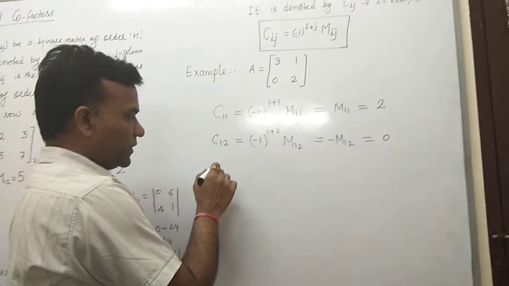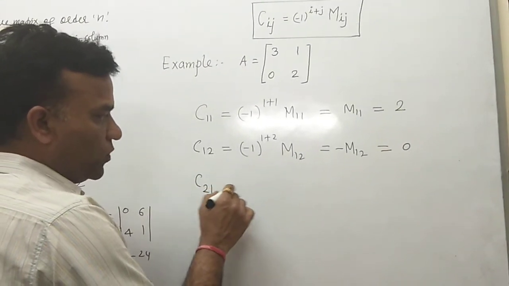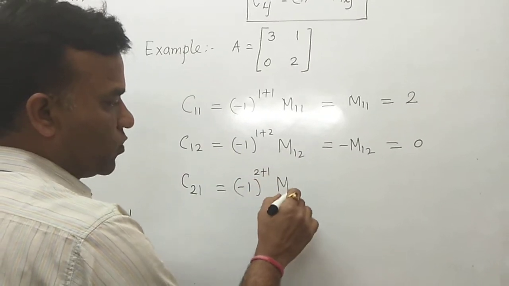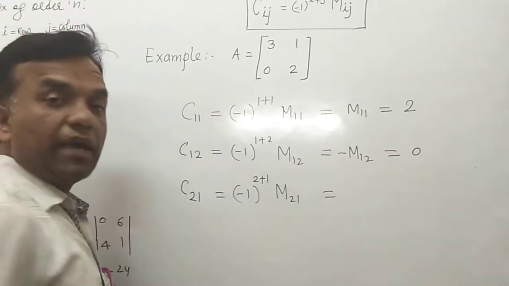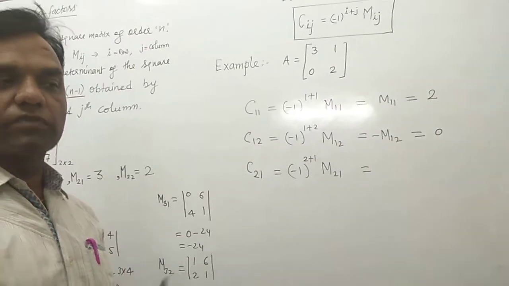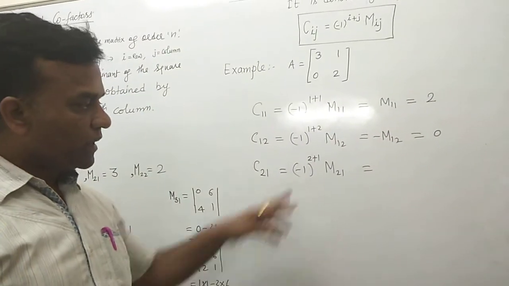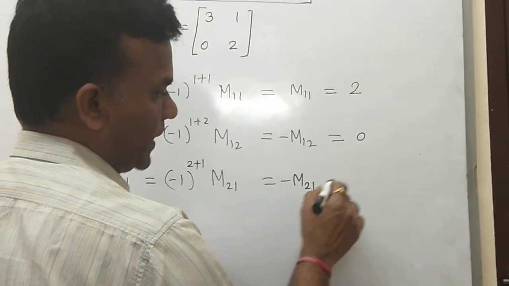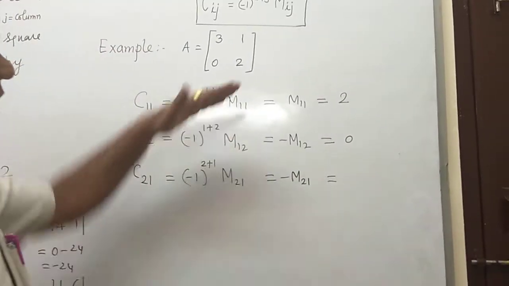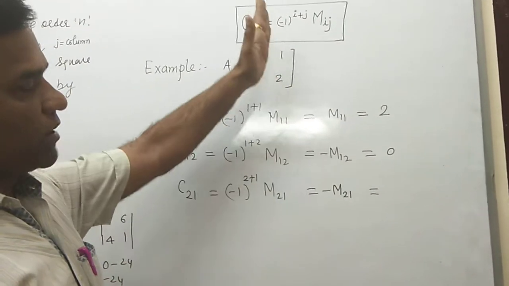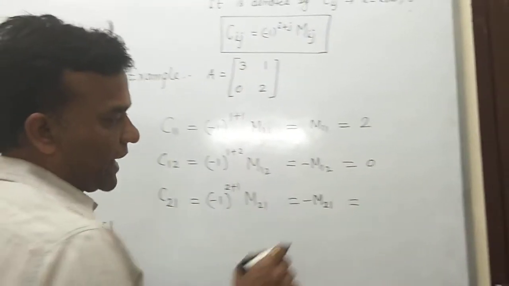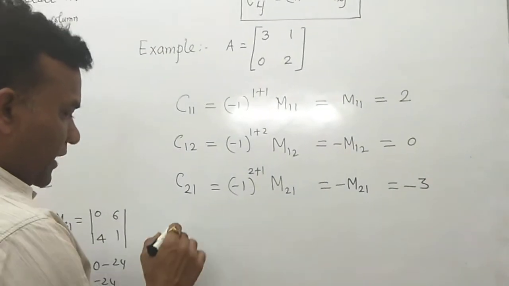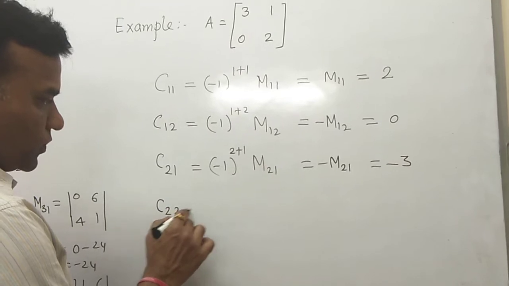And now C21. C21 means minus 1 to the power 2 plus 1 M21. Again you have an odd value because 2 plus 1 is again 3. 3 is an odd number. So your answer is again negative. So C21 means you write down second row and first column. So your value is 3. But answer is minus 3 because you put this formula before it. And now the last value is C22.